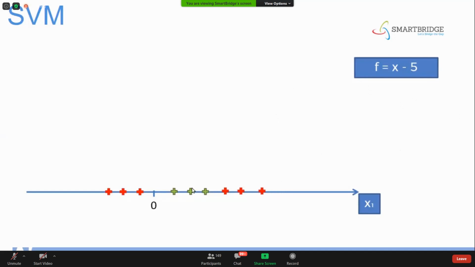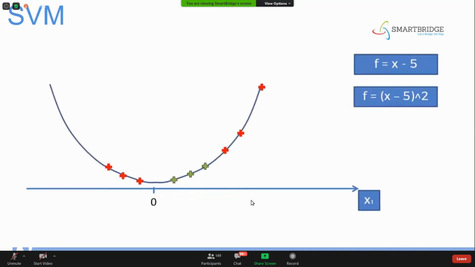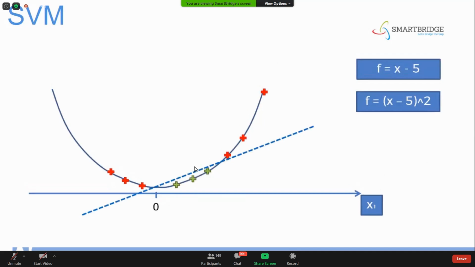I am shifting all the values towards some side. After that, I am squaring it. Whenever I square it, these points move above. Yes, these points move above, right? So after moving above, I can create a separable line.